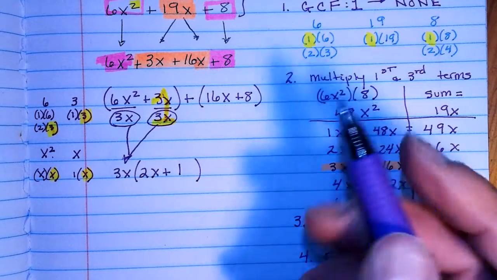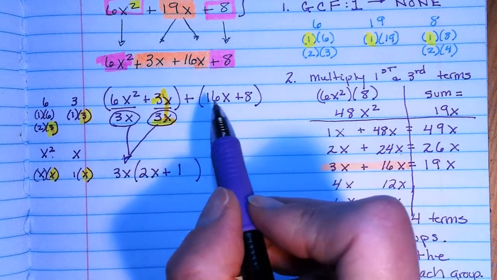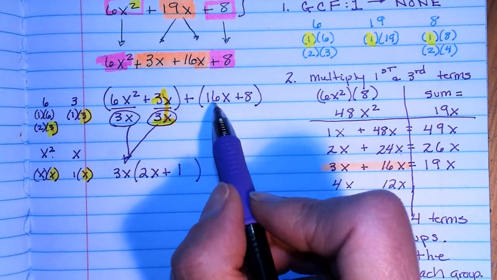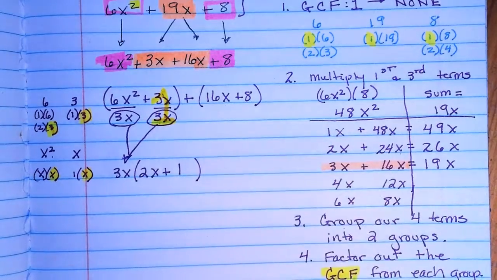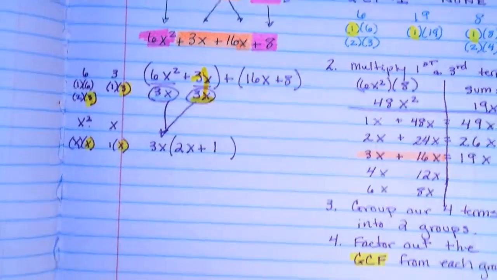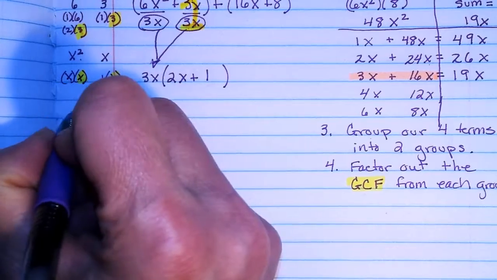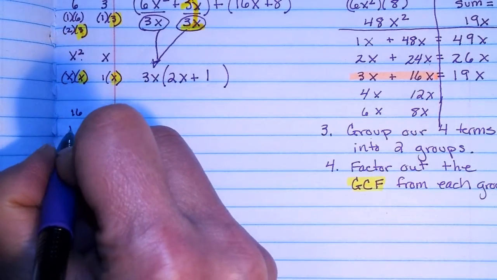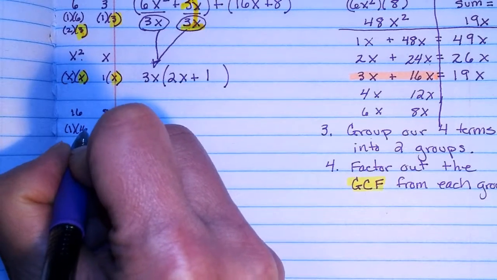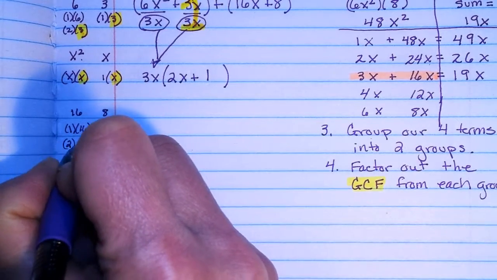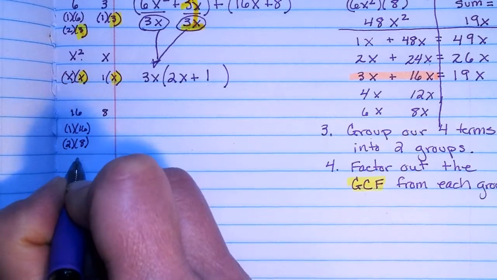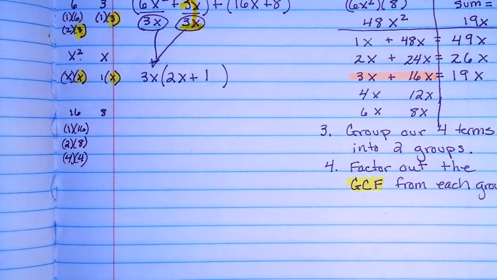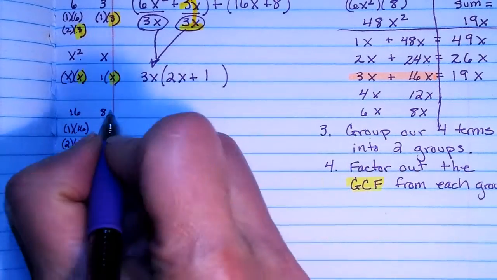Okay, so now I have to do the same sort of thing over here. I have to think, what are my factors of 16 and 8? So let's figure that out down here in the margin. My factors of 16: 1 times 16, 2 times 8, 3 doesn't work, 4 times 4, 5, 6, 7 don't work, and so on.